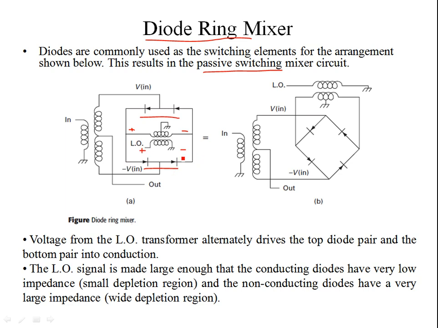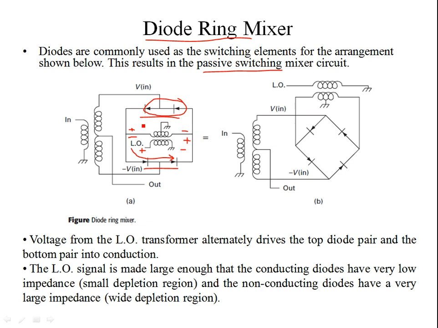Then the bottom diode pair is on, and it conducts. So the current is being conducted in this manner. Now, when this side is negative and this is positive, then you have the top pair conducting, in the negative half cycle.